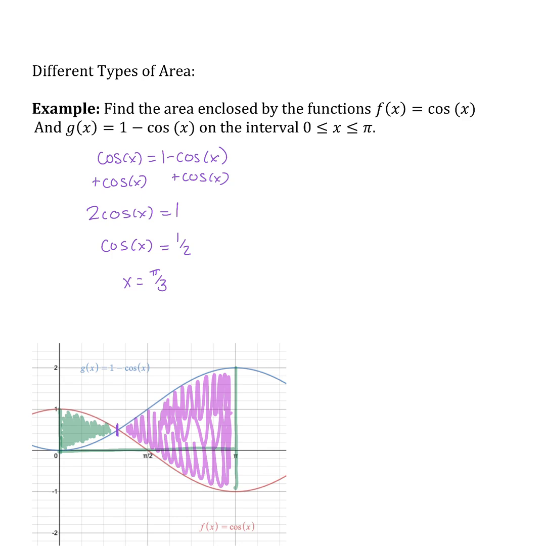And so what we're going to need to find is the two different integrals. We're going to have to find the integral from 0 to pi over 3, where our function cosine of x is on the top, and our function 1 minus cosine of x is on the bottom, plus the integral from pi over 3 to pi of 1 minus cosine of x when that's on the top, minus our regular cosine of x when that's on the bottom.